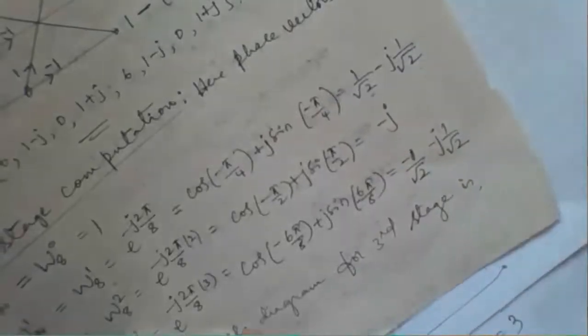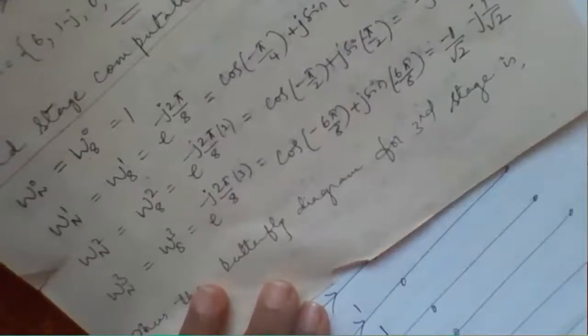Now this value I am going to mark on the signal flow graph. So here it is 1 by root 2 minus j 1 by root 2.